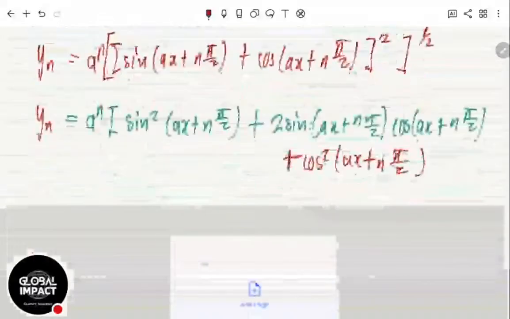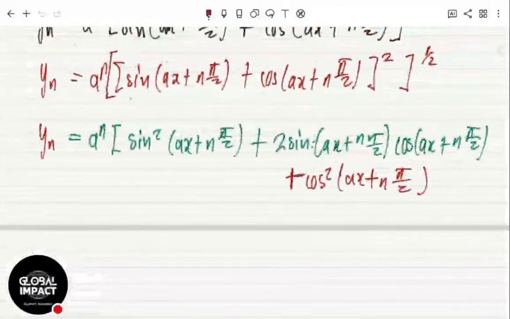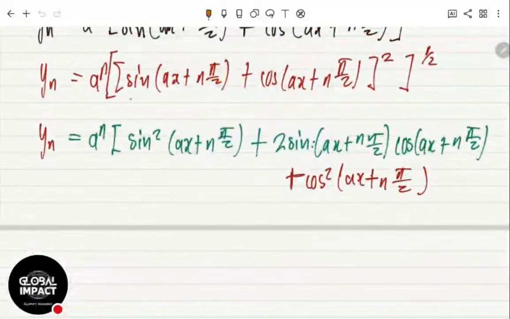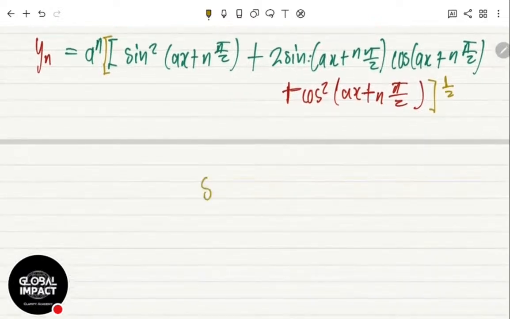Now we have cos squared and sine squared. Remember that after everything there is still a power half. What you should know is the identity sine squared x plus cos squared x is equal to 1. So this cos squared plus this sine squared gives us 1.